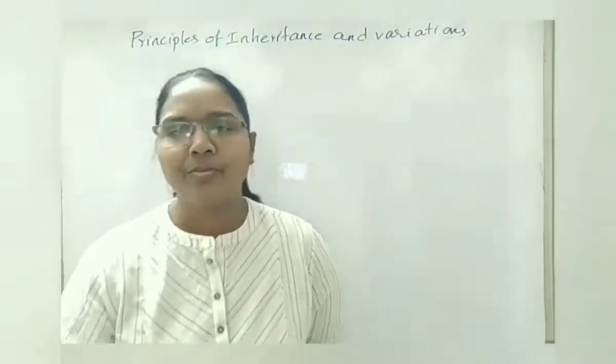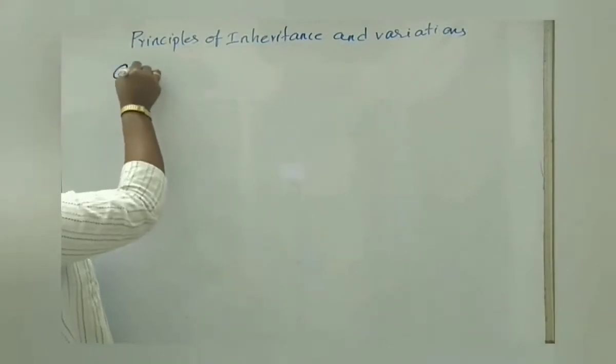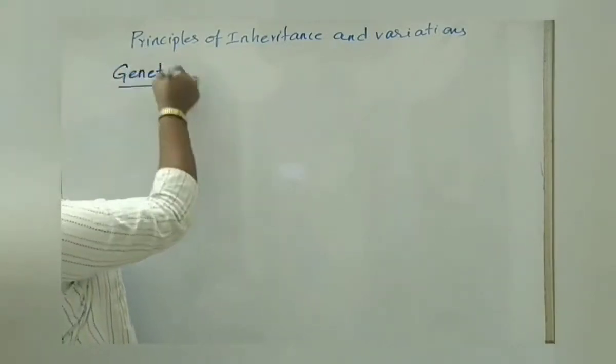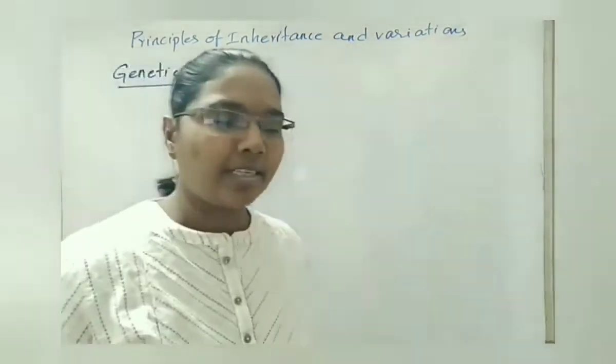In this chapter, we start with a few important terms. First one is what is meant by genetics. Because this complete chapter and molecular basis of inheritance we study under the heading genetics.